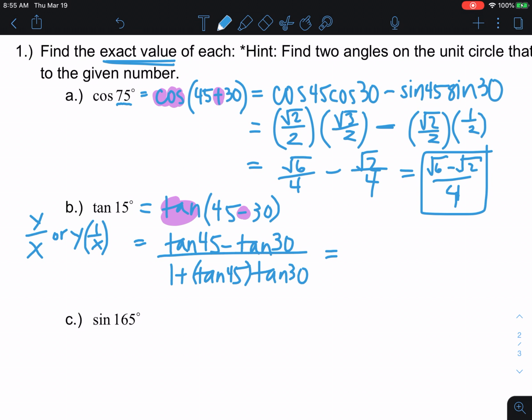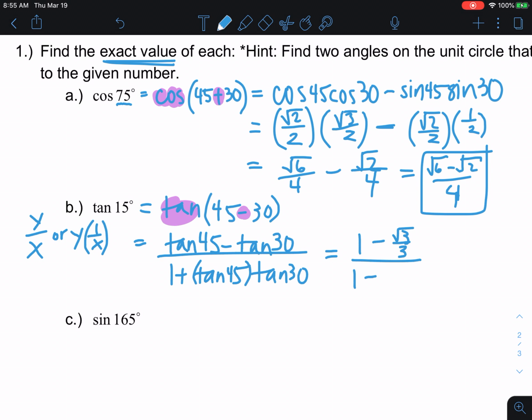So when we do that, we will get 1 minus root 3 over 3, because tangent of 45 degrees is equal to 1, tangent of 30 is equal to root 3 over 3.